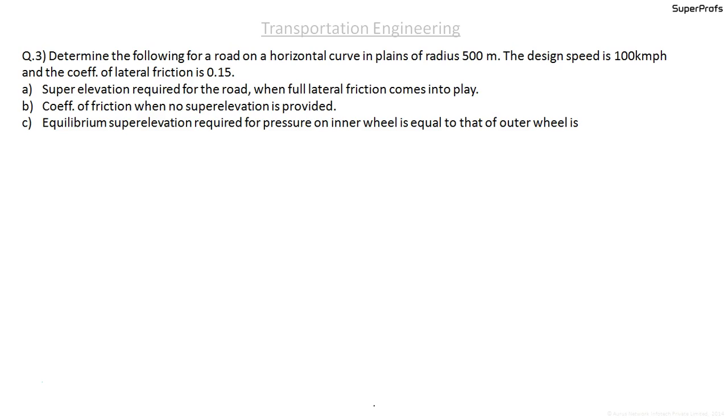So we will move on to the next question, question number 3: determine the following for a road on a horizontal curve in plains of radius 500 meters. Given that R equal to 500 meters, design speed is 100 kilometers per hour, coefficient of lateral friction is 0.15.